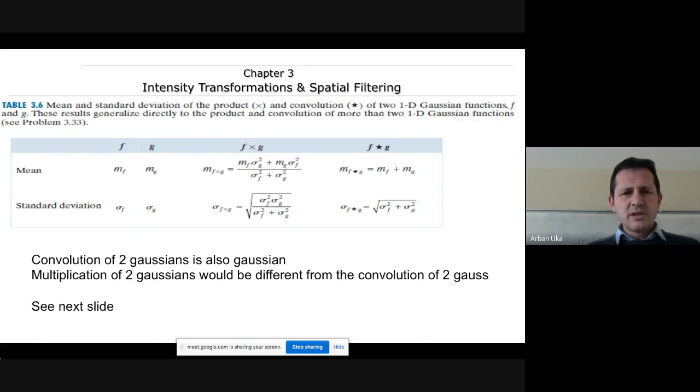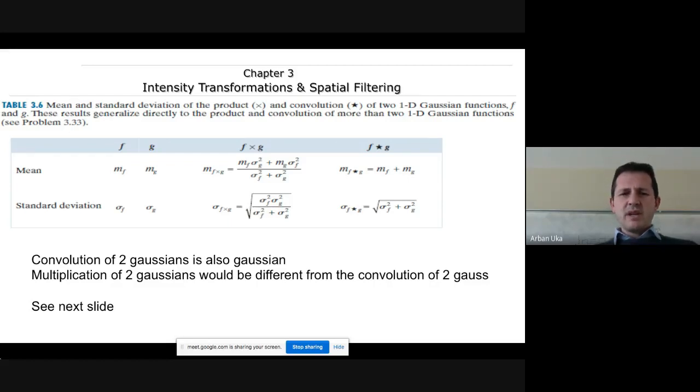And what we see here is that if we have 2 Gaussian functions, 2 beautifully looking functions which are smooth, differentiable, etc., and these have specific means, mf and mg for the functions f and g, once we multiply these functions together, the mean of the new function will change given these values. And if we do the convolution of these functions, the mean will be the mean of f plus the mean of g.